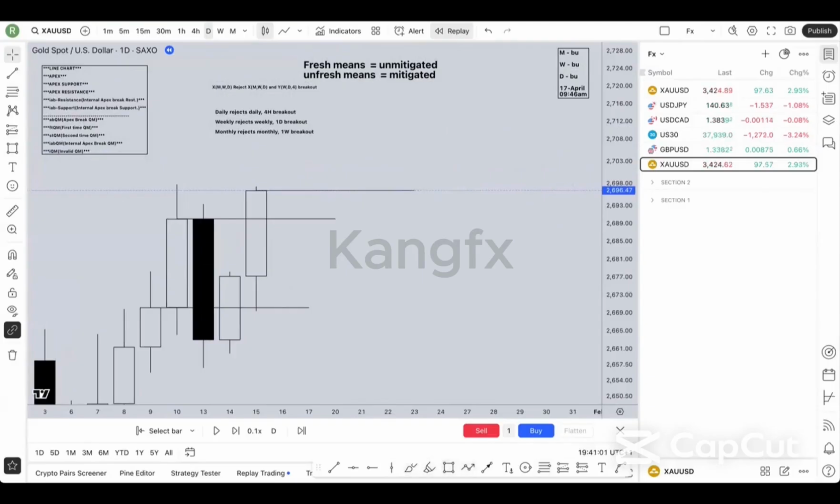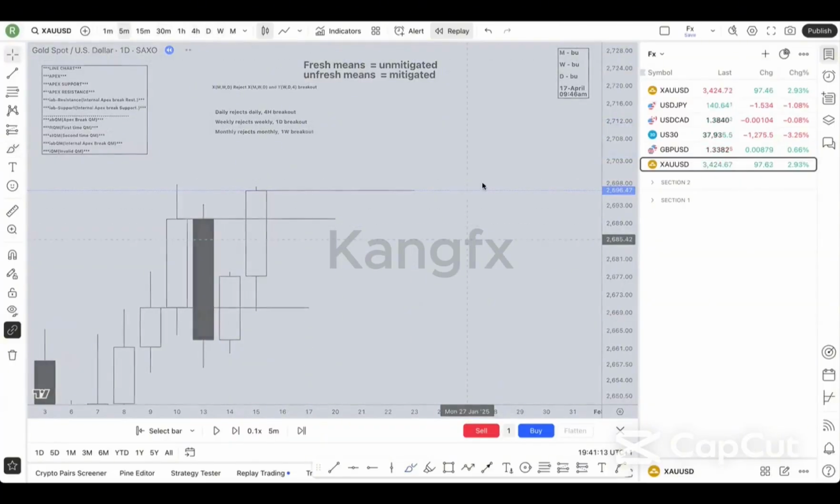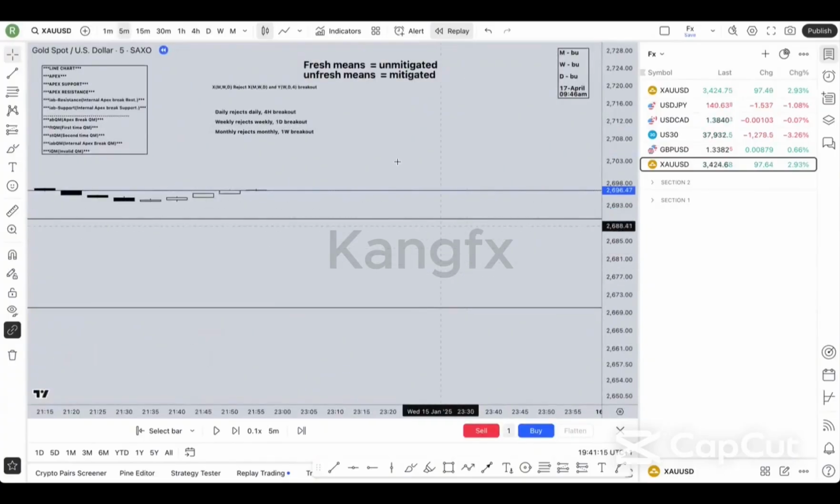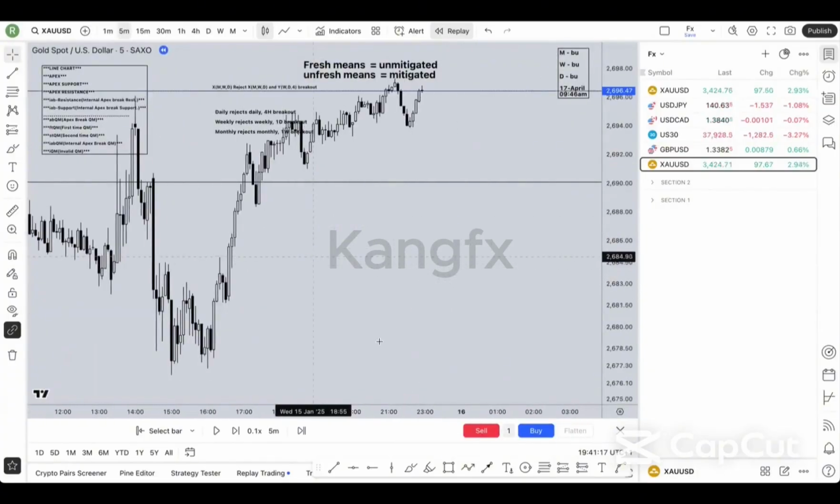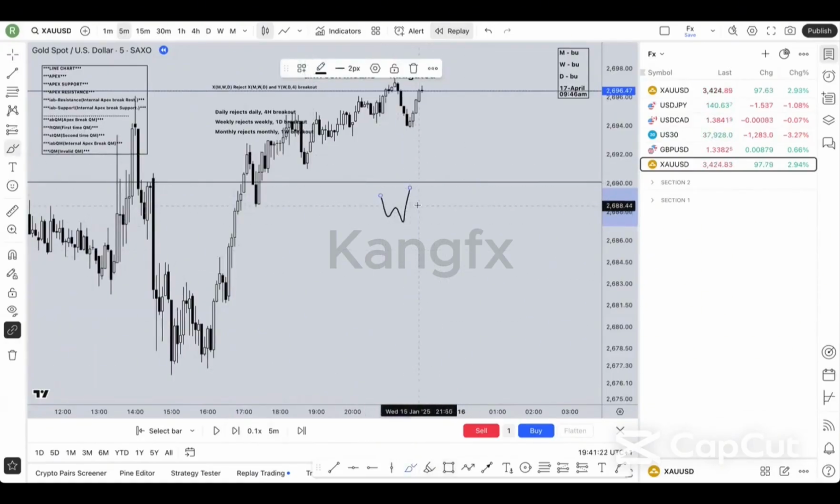If I have my weekly, let's delete that and go to a lower time frame. If I have my weekly, and my weekly is bullish, then my daily is bearish.